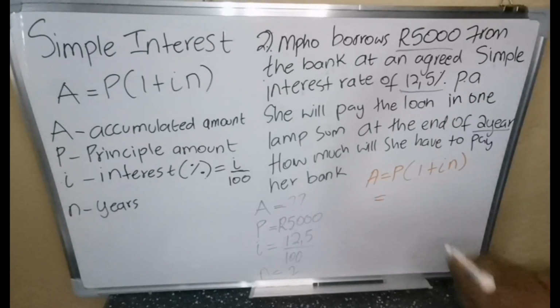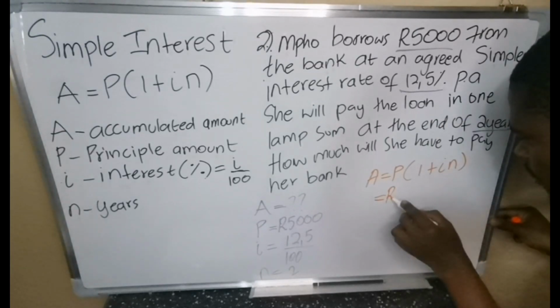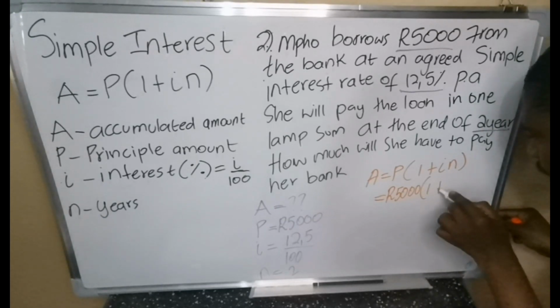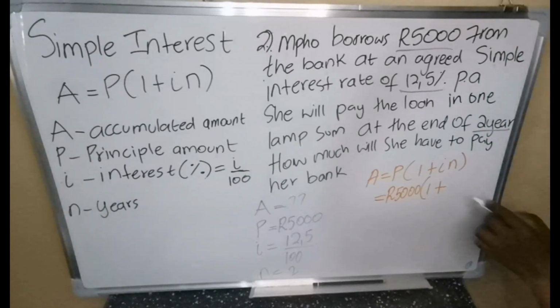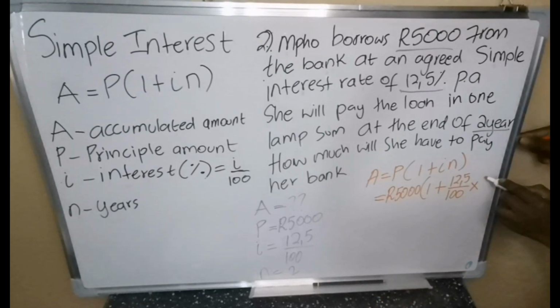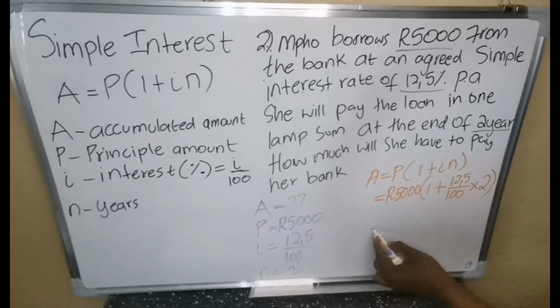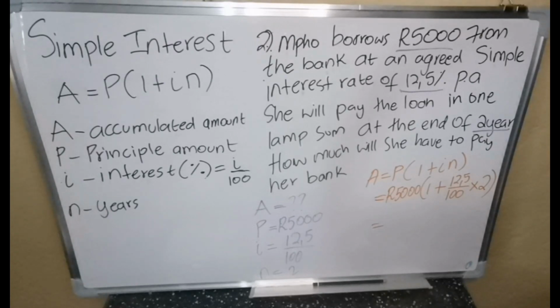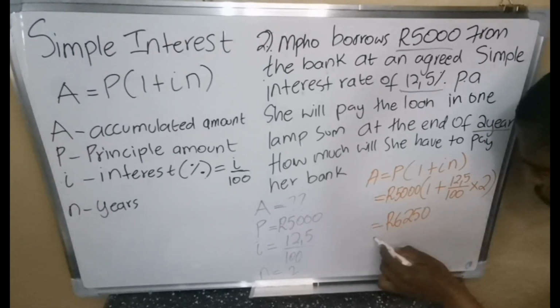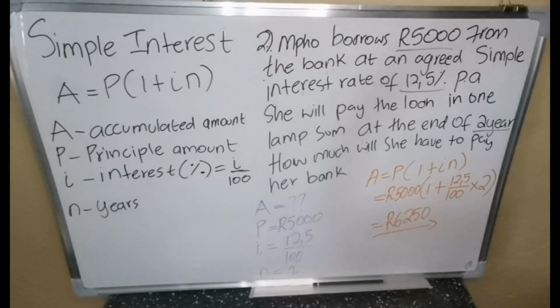Principal amount, which is 5,000. 5,000 times (1 plus, what is the value of interest? 12.5 over 100, multiplied by N. Number of years is 2 years, and you multiply it by 2). Then you put this inside your calculator, 6,250. 6,250 that you will pay at the end of 2 years.